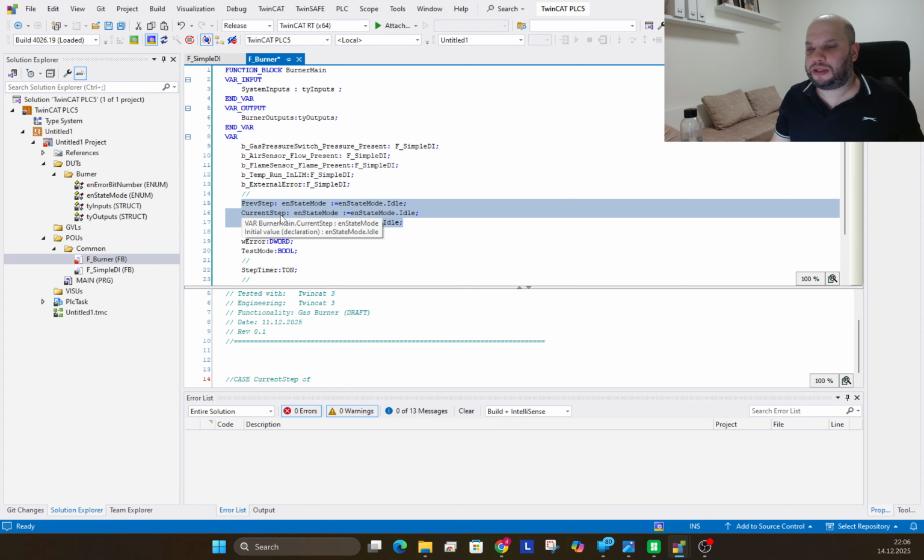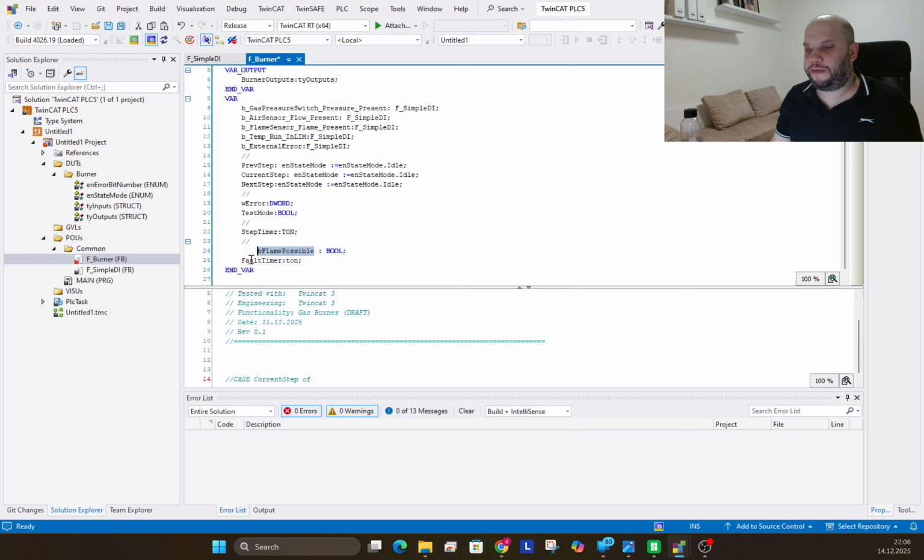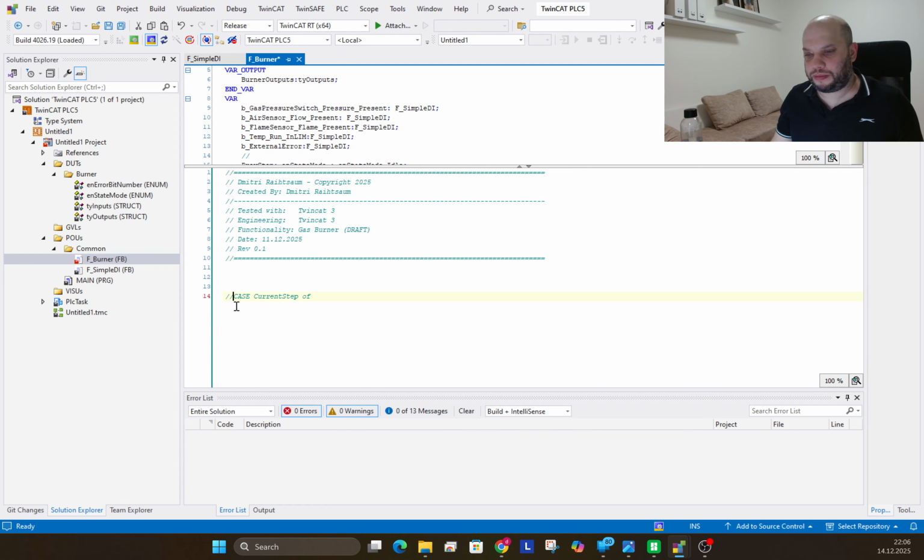This is my steps. Here I will keep error, test mode, step timer, error bit, error number. Yeah, I don't think I will use this one here. Flame possible. Okay.